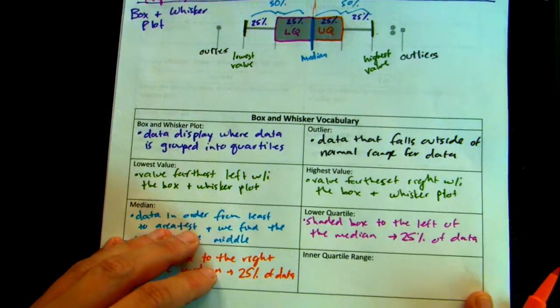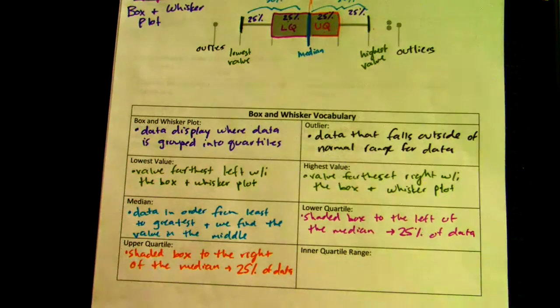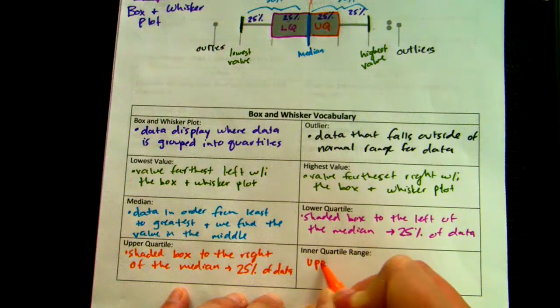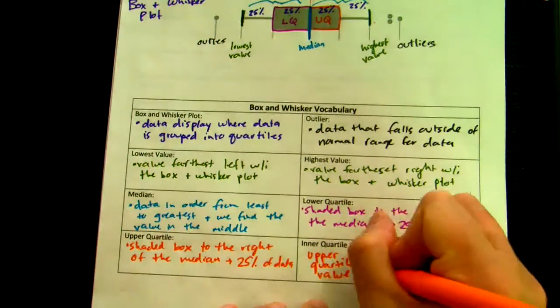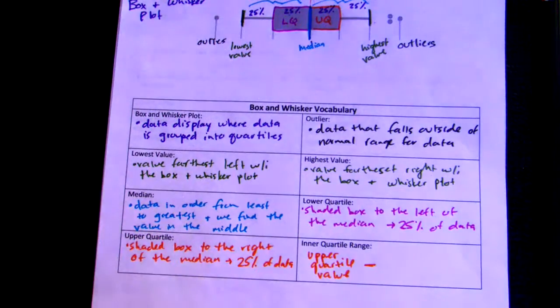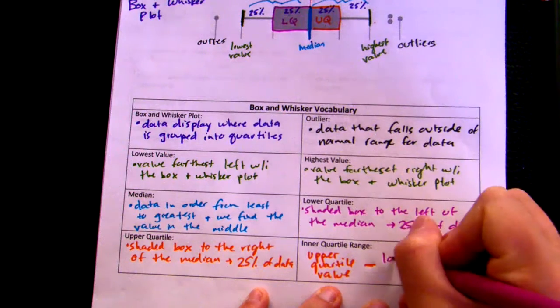The very last thing that we're going to look at is the interquartile range. The interquartile range is just the upper quartile value minus the lower quartile value.